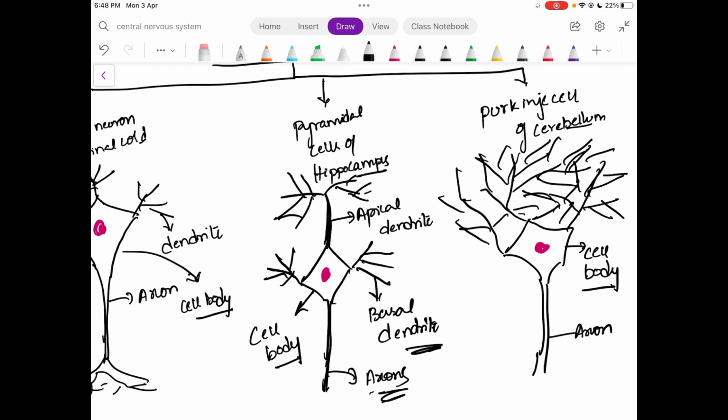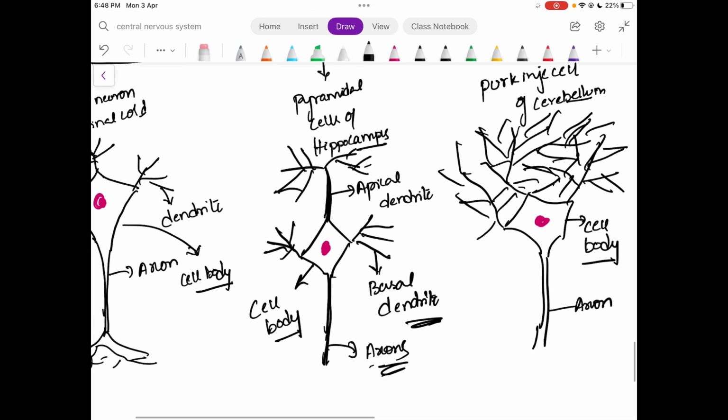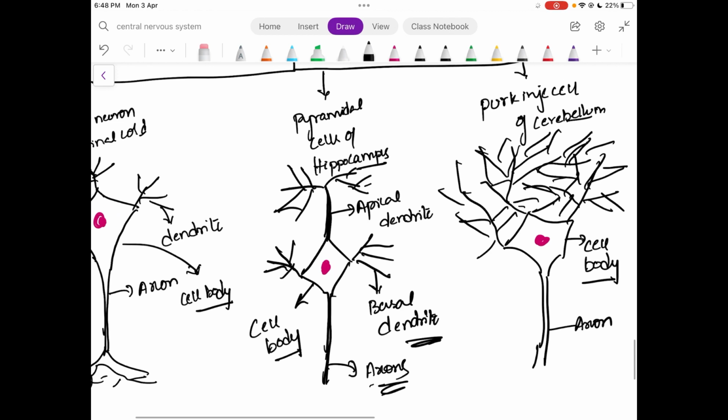Extensive arborization will be seen, and they look like a tree. Enormous branching of dendrites will occur. So these types of cells are seen in the cerebellum.